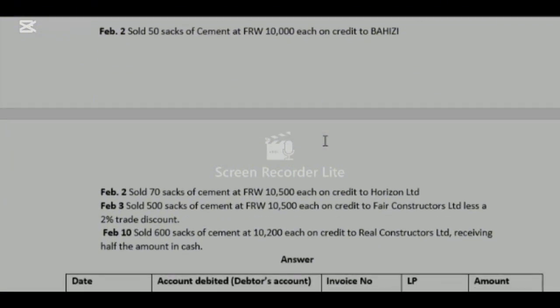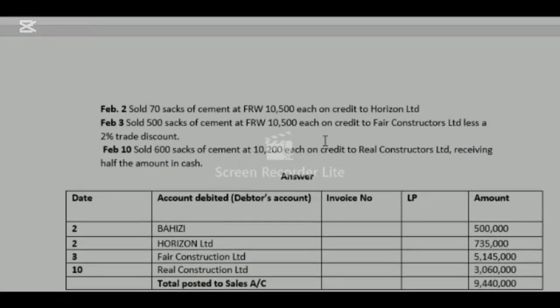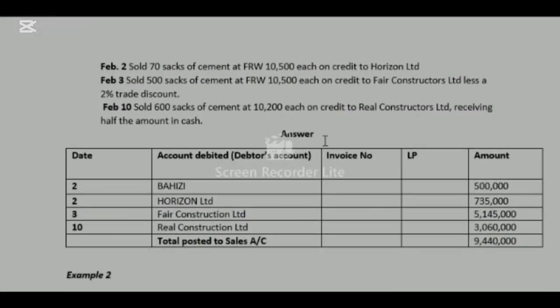On the same date, 2 February, sold 70 sacks of cement at 10,500 Rwandan francs on credit to Horizon Limited. On February 3, sold 500 sacks of cement at 10,500 Rwandan francs on credit to Fair Construction Limited, with 2% trade discount.